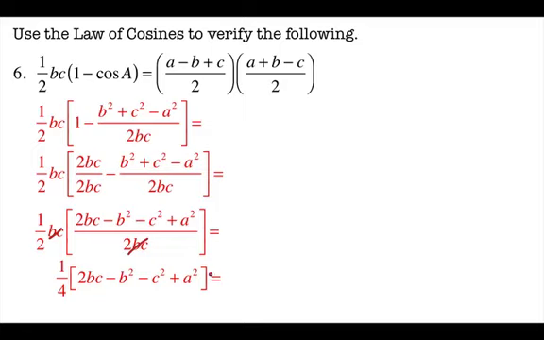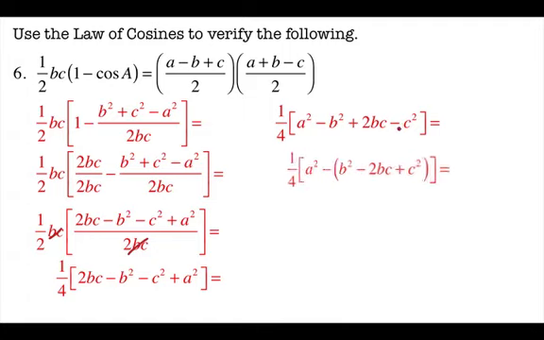And then at this point, let me go up here. This is where I move some things around. I move the a squared to the front, negative b squared, I put the 2bc in the middle, and then negative c squared at the end. Why did I do that? Because I'm going somewhere with this, and notice that I have a squared first on the right hand side. Now at this point, I notice that I have a trinomial here, and I'm going to pull out a negative.